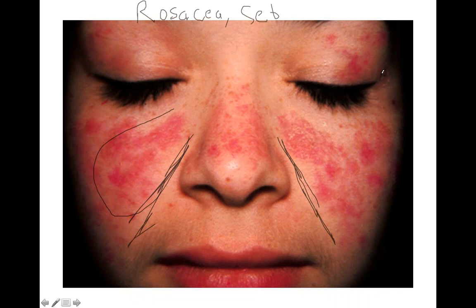In case of extensive seborrheic dermatitis, we have to rule out two diseases, which are Parkinsonism and HIV, because in these two diseases there is an extensive amount of seborrheic dermatitis.